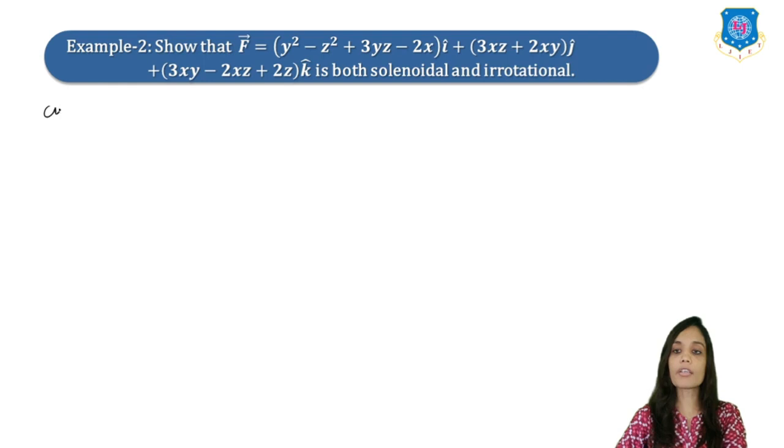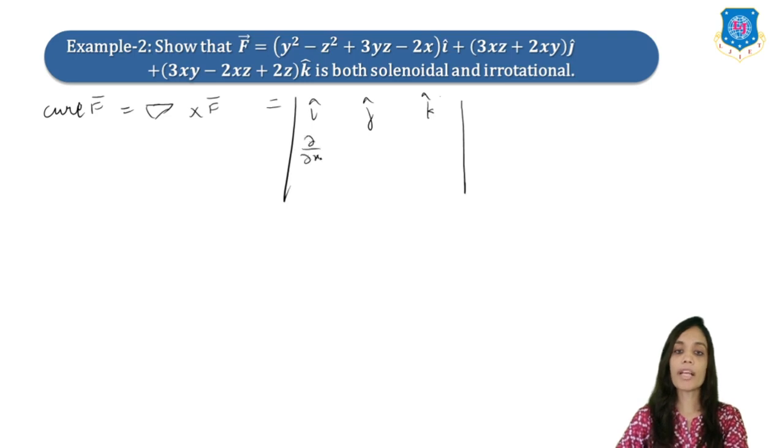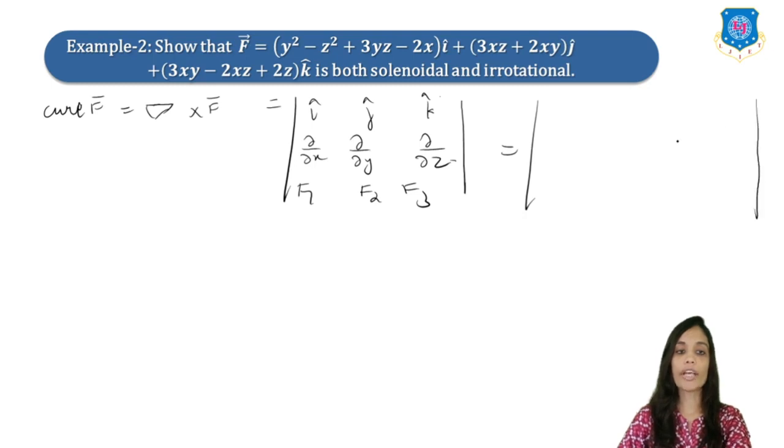Now let us check whether it is irrotational or not. So we will find curl of f bar, that is del cross f bar. The formula is i cap, j cap, k cap, del by del x, del by del y, del by del z, f1, f2 and f3. So put the values of f1, f2 and f3.